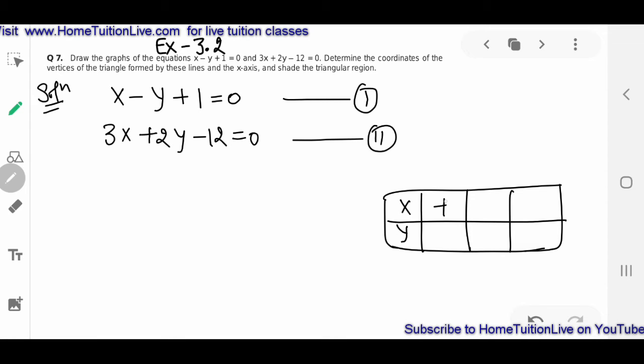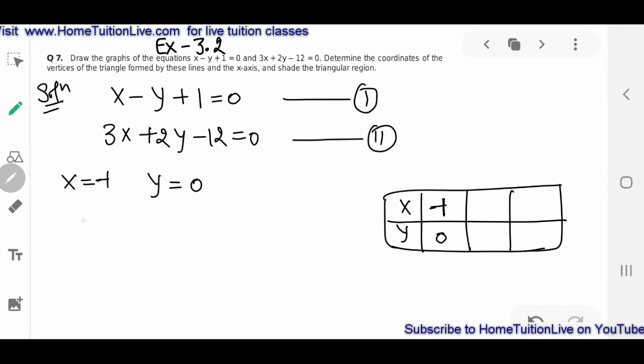Okay, here x and y. Suppose x is minus 1. If x is minus 1, y value is, I am directly writing, minus 1 plus 1. So y will be 0.